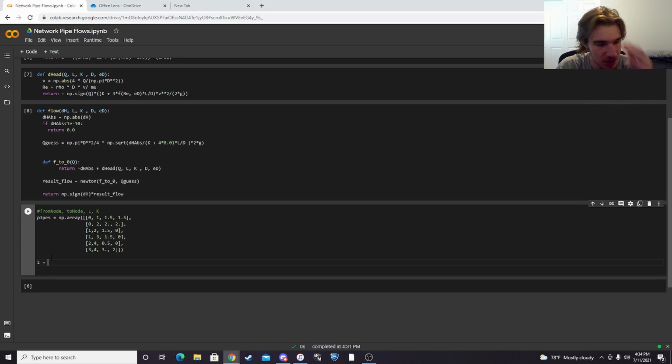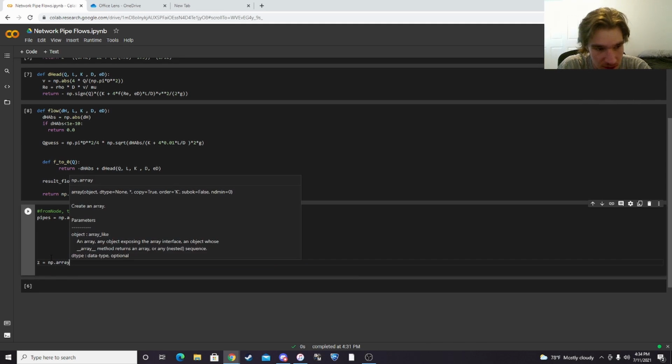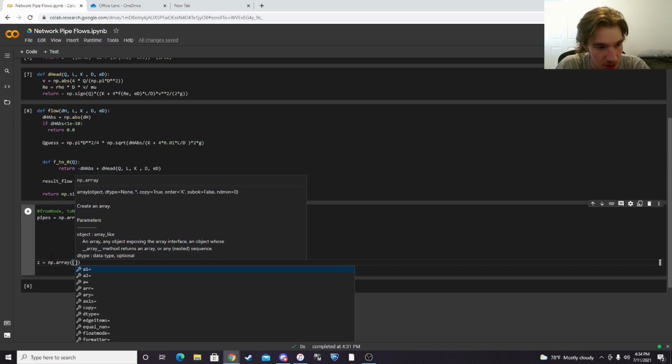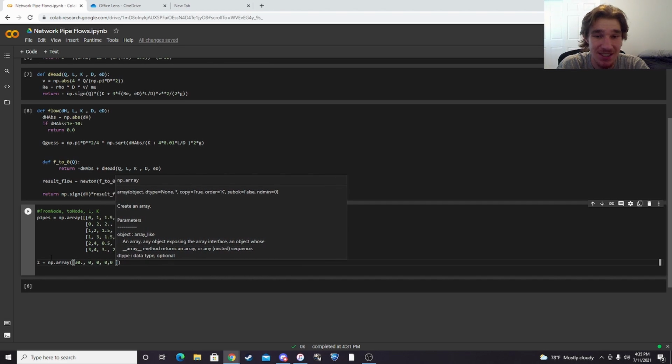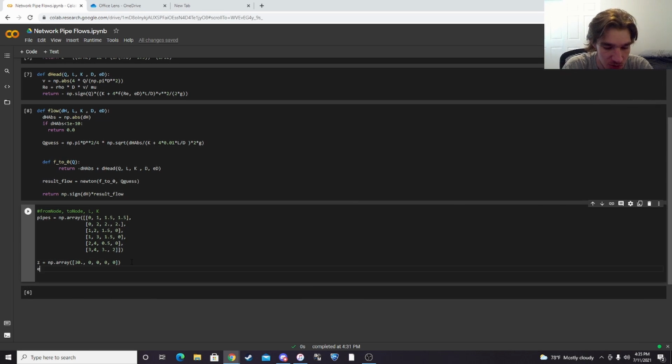And what we're going to do is we're going to do altitude first, so Z. This is going to be an array. It's going to be 30, like we said, and then the rest are just going to be 0 values. Because that first node, the node labeled 0, is at 30 meters high, while the rest are at 0. Next, we're going to want to determine our external nodes.